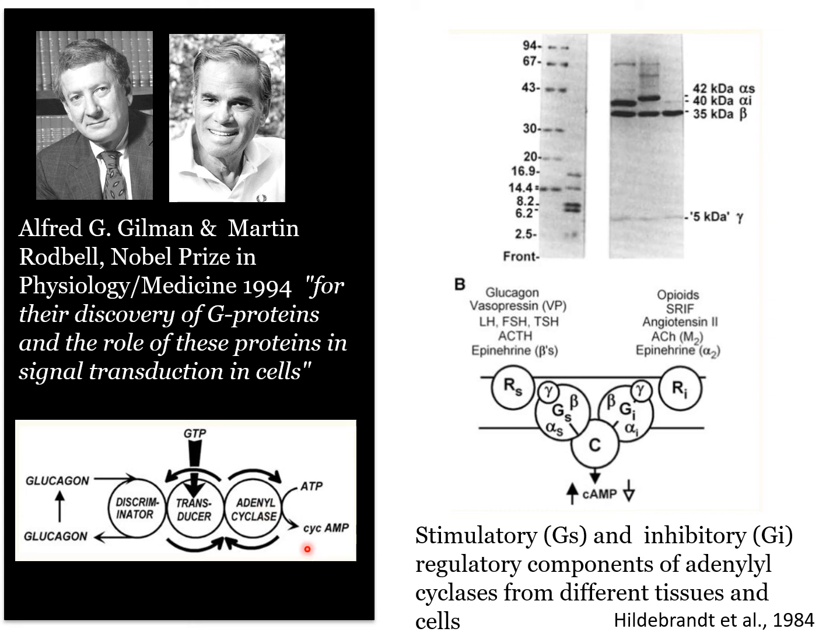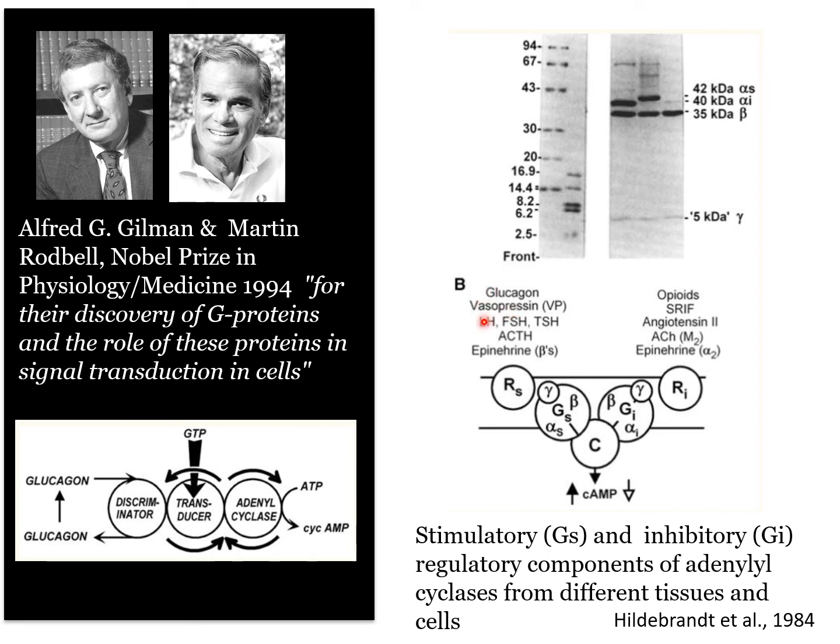Subsequently, they used a Sephadex column attached to GTP, and they pulled down the G proteins from the membrane fraction, and they identified a 5 kilodalton G gamma protein, a 35 kilodalton G beta protein, and 40 to 42 kilodalton G alpha proteins.